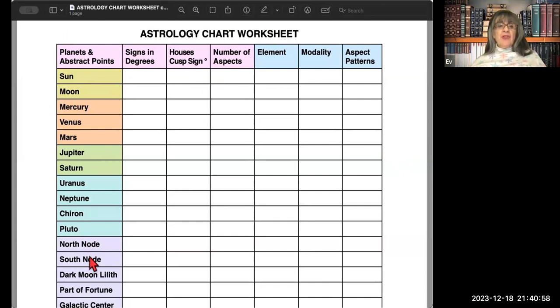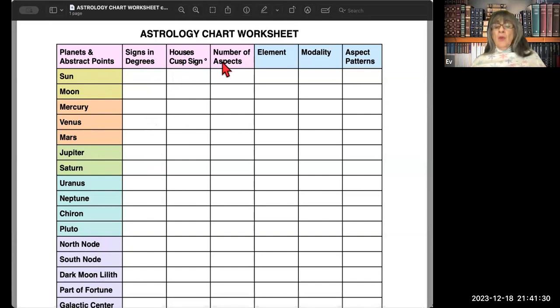Everything is pretty much color coded, but we have everything neatly organized where you have every planet or point in the chart, and then you can fill in the blanks, the signs and degrees, and write it down in each section here. You write down the houses, the cusp signs in degrees. So everything is right there visible for you.